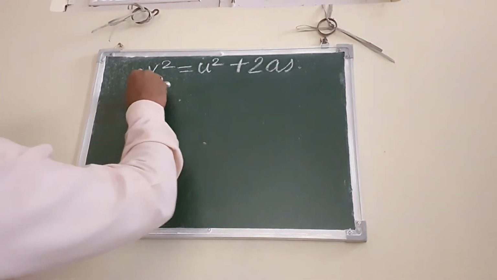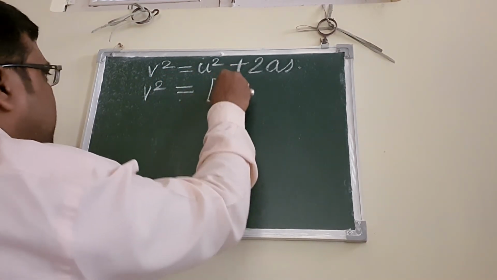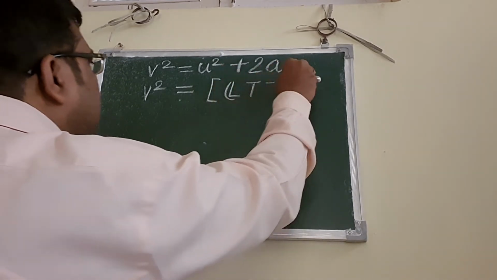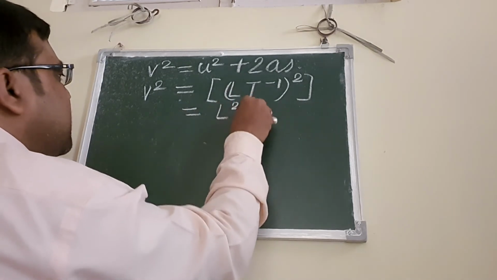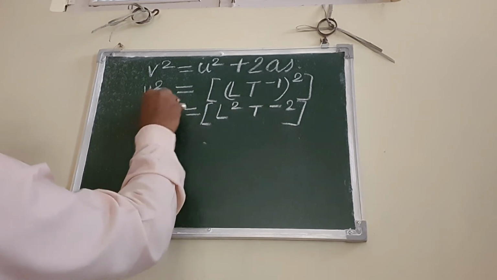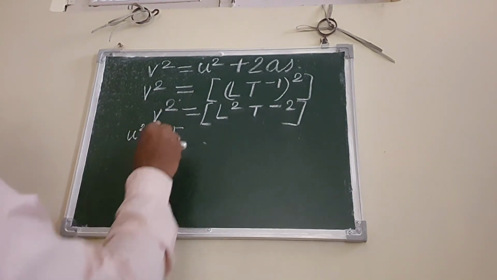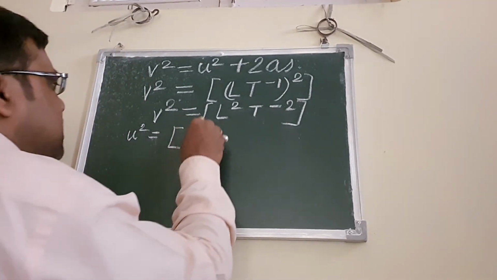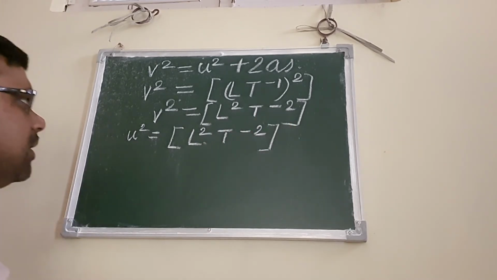So first, v square, finding its dimension, so it is L t raised to power minus 1 and its square, so it becomes L square t raised to power minus 2. This is the dimension of v square. Again u square, since it is also velocity and its square, so its dimension will be L square t raised to power minus 2.